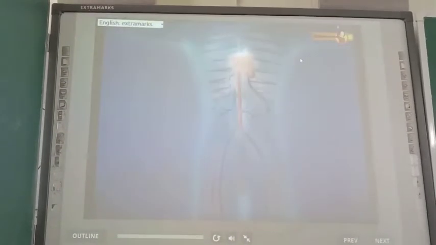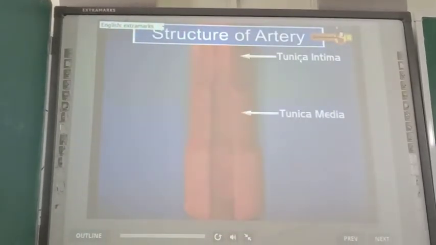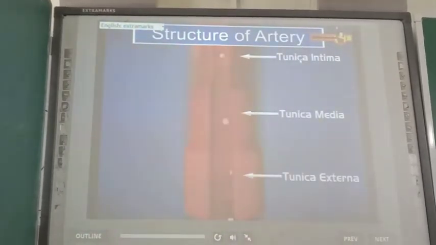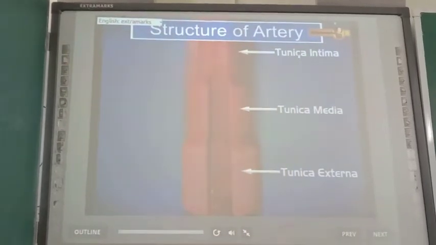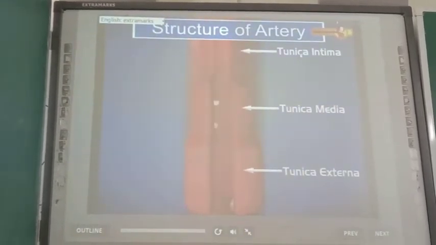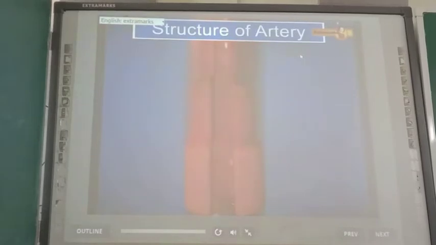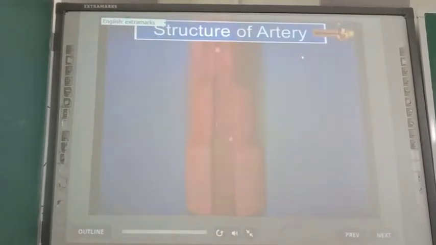Arteries carry oxygenated blood from the heart to body parts. The blood in an artery flows under high pressure, generated by the contraction of heart muscles. Therefore, the arteries have thicker elastic walls.